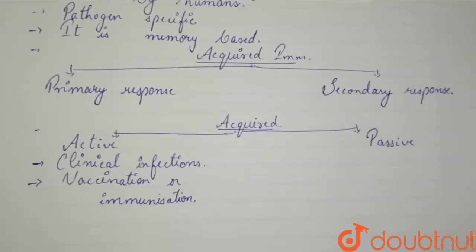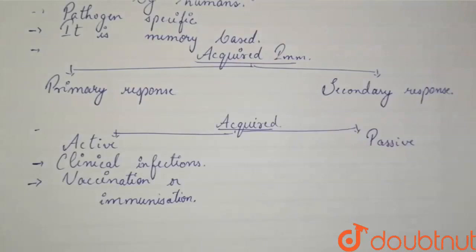Since the pathogen is weakened or killed, it doesn't create a disease, but it creates a memory. So the main part is that through vaccination we create a memory in the body. Then the next time the active pathogen is encountered, the body produces a secondary response, that is the main response, and therefore we do not get the disease.